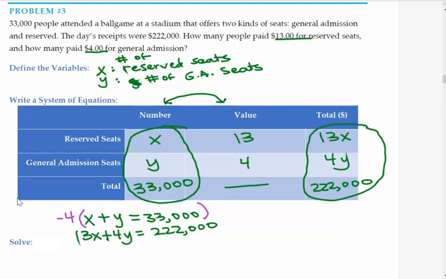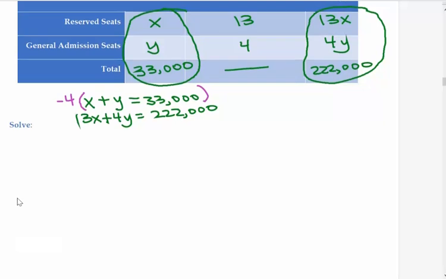Why would I want to multiply that one by -4? How is that going to help me? Eliminate y. Yeah, do you see how that's going to help us eliminate that y if I multiply that through there? So that's the variable I'm looking to eliminate, the y on here.